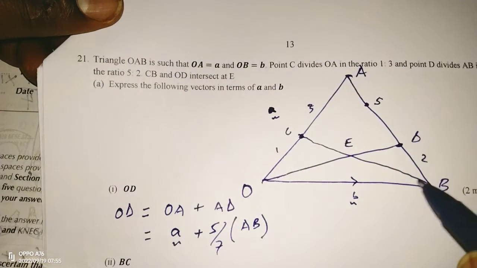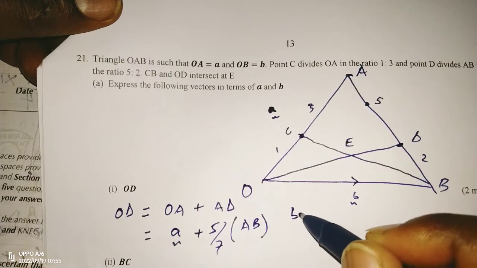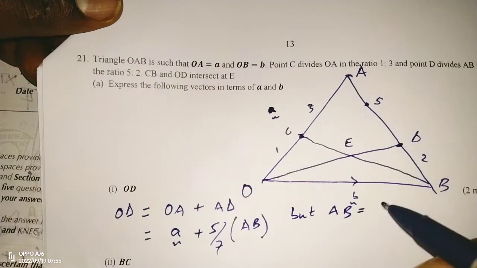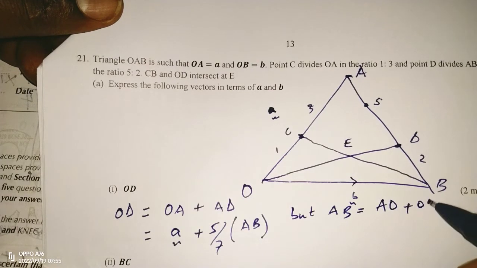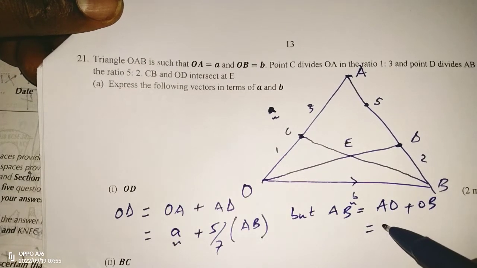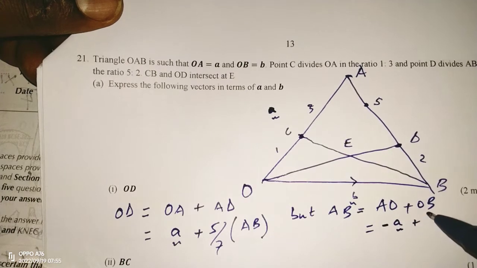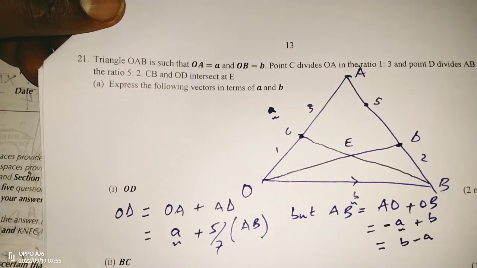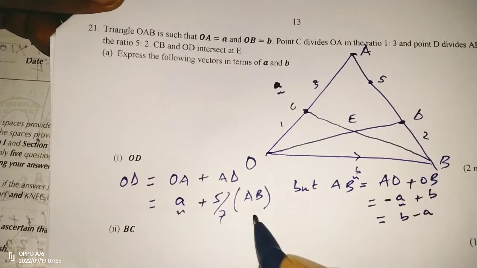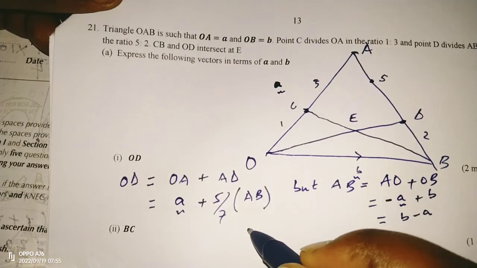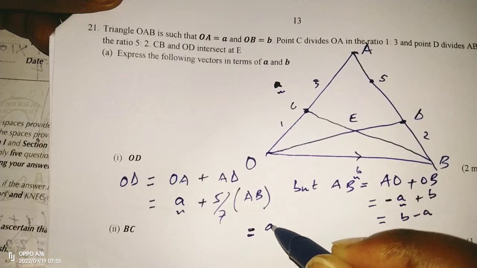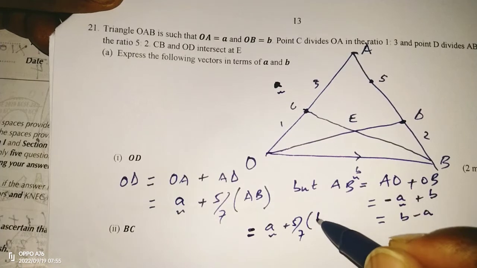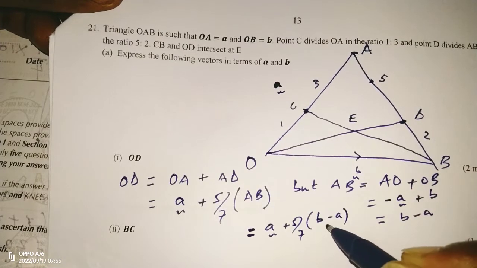Now vector AB is AO plus OB, which means negative A plus B, which is B minus A. So vector OD is A plus 5/7 into (B minus A), which is our vector AB.